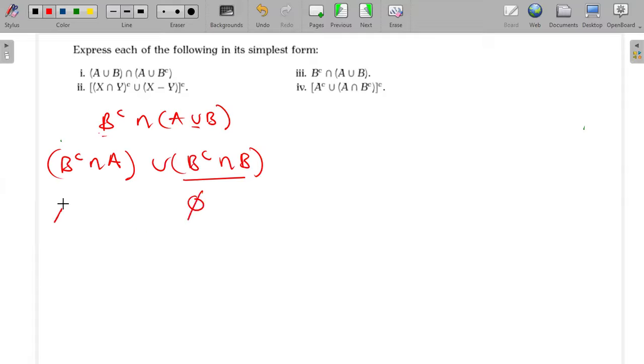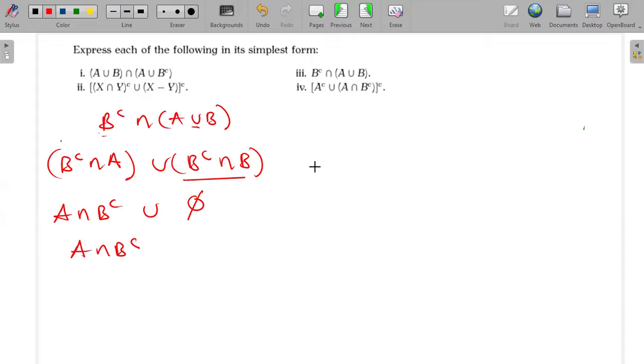And then there you remain with A intersect B complement. So the union of the two will just give you A intersect B complement, like that.